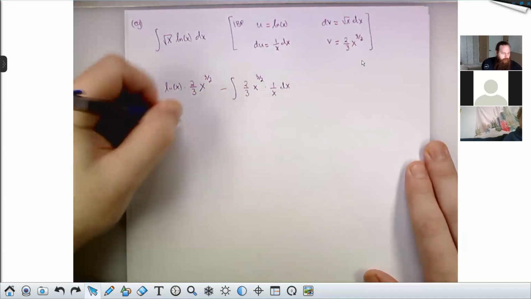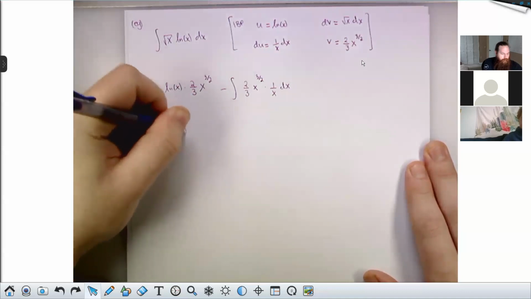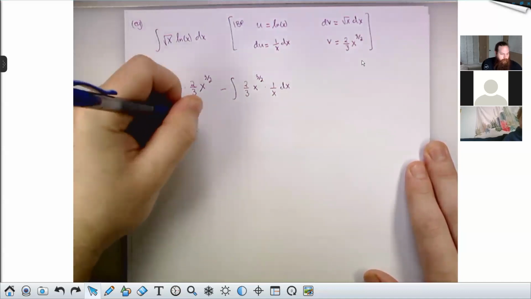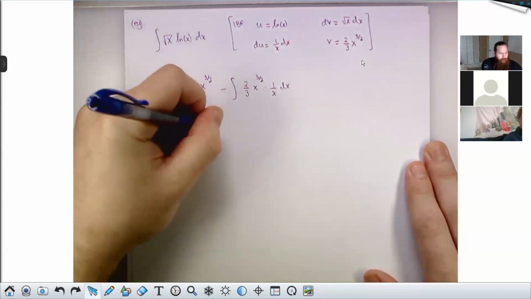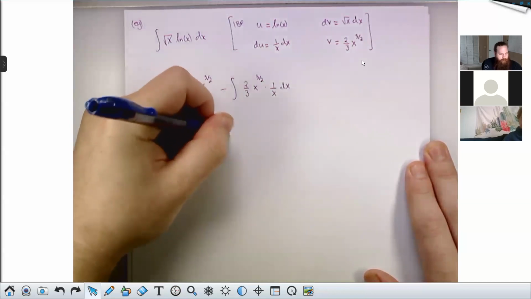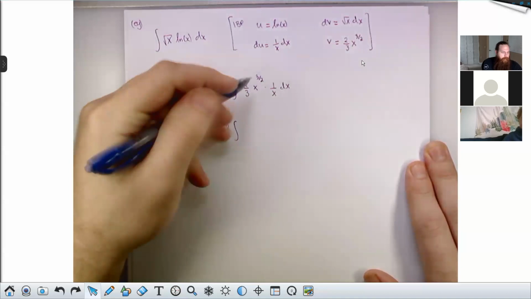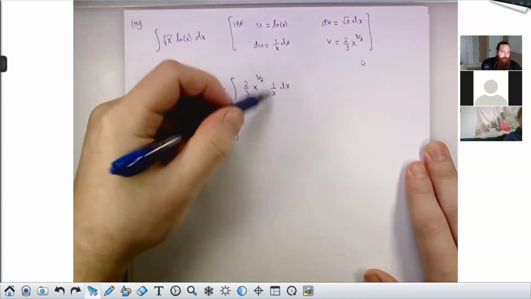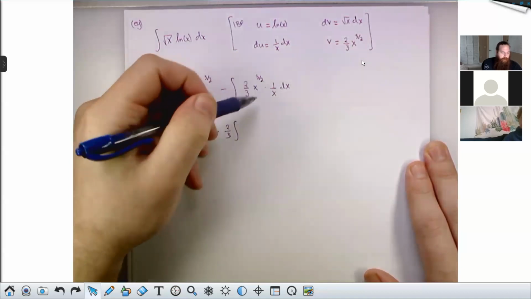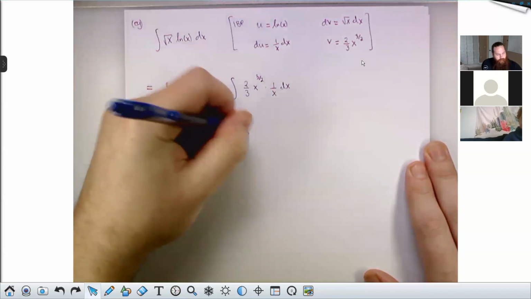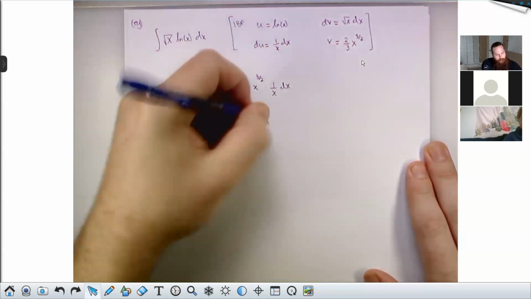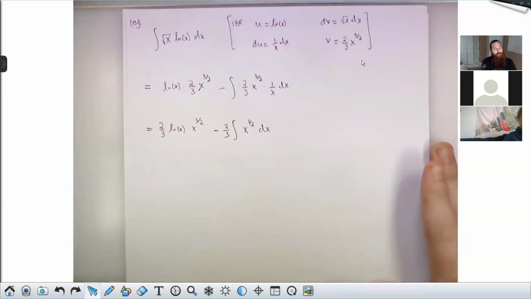That's 2/3 ln x times x to the 3/2 minus, I can pop the 2/3 out of this integral, and then x to the 3/2 divided by x, or x to the 3/2 times 1/x, that's x to the 1/2. So I'm just doing algebra in this step, no calculus, just algebra.